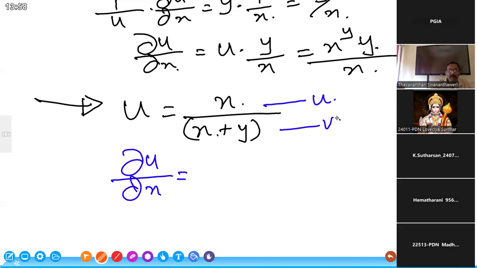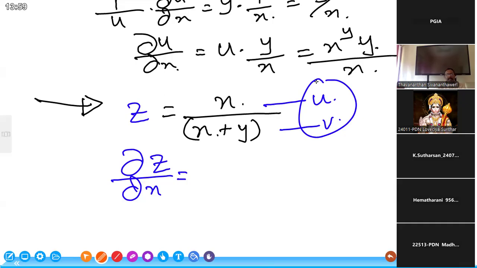Can you remember u into dv by dx? Without complicating, I will write it as z, so that you will not be confused with the other u and v format. So can you tell me how to handle this? What is the formula? Anyone?